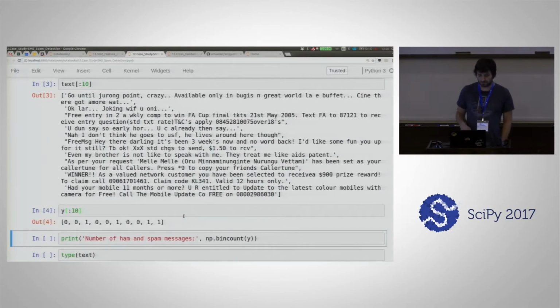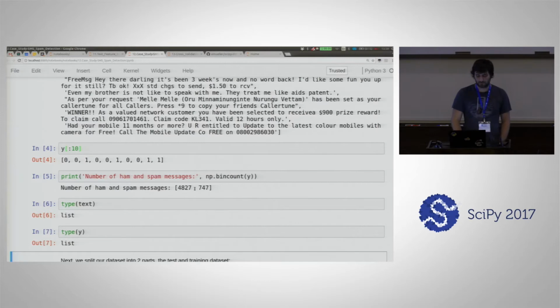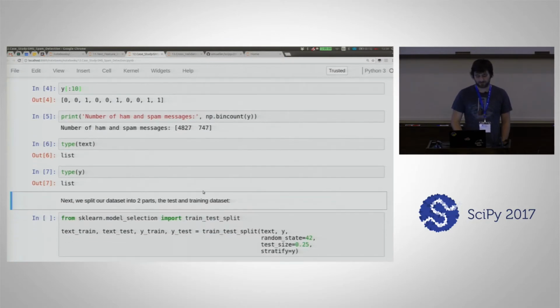Here you can see what we have in this dataset. 0 is ham, so it's a normal message, 1 is spam, so it's a spam message. There's 4,800 normal text messages and 747 spam messages. X is a list of strings, y is a list of zeros and ones.